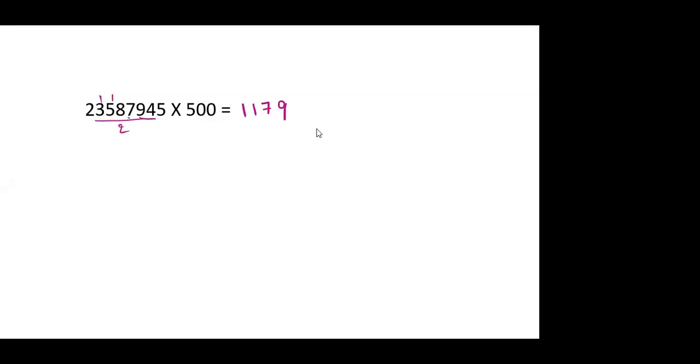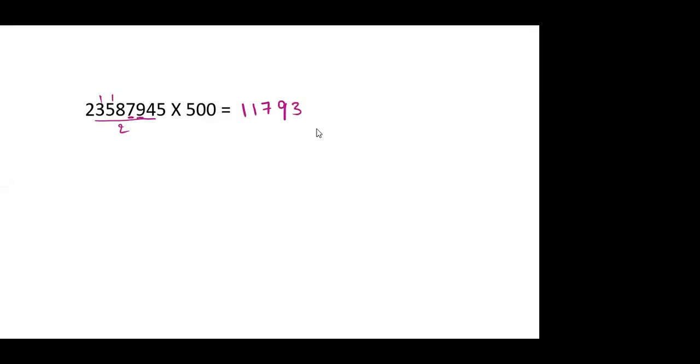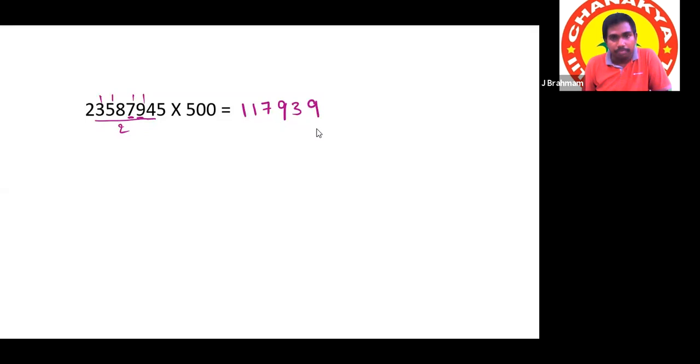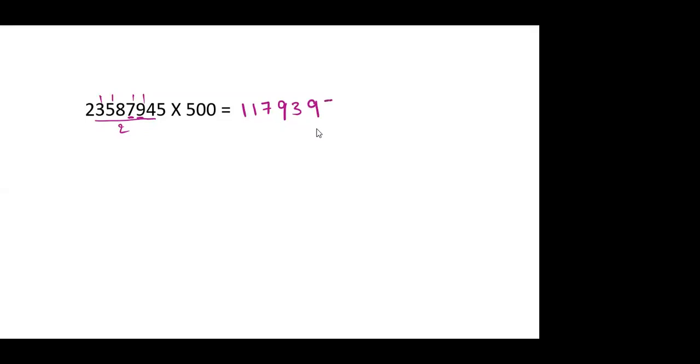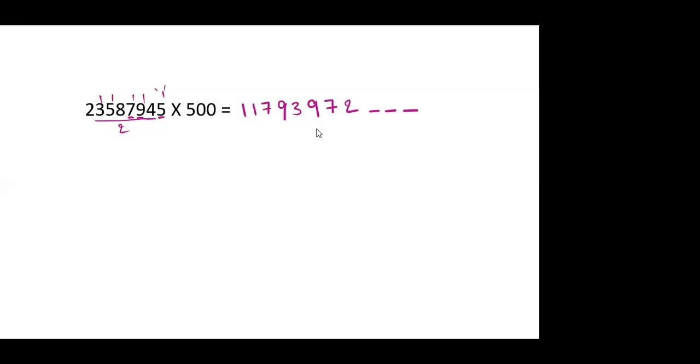Then 3, 3 times, 1 remaining, 19. So 9, 18, 1 remaining. Again 1 remainder. 14 means 7. Then 2 twos are 4, 1 remaining. Finally, 1 is the remainder.